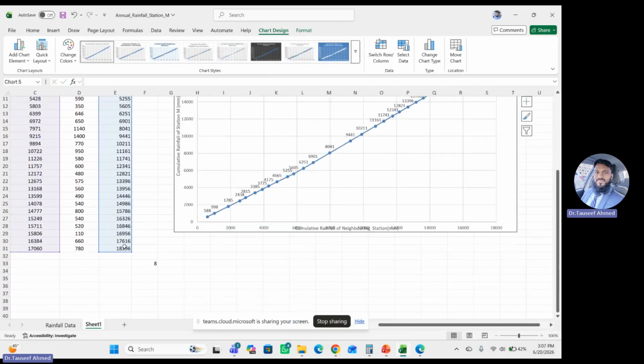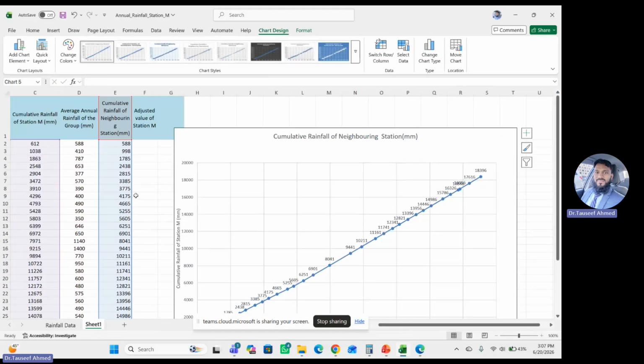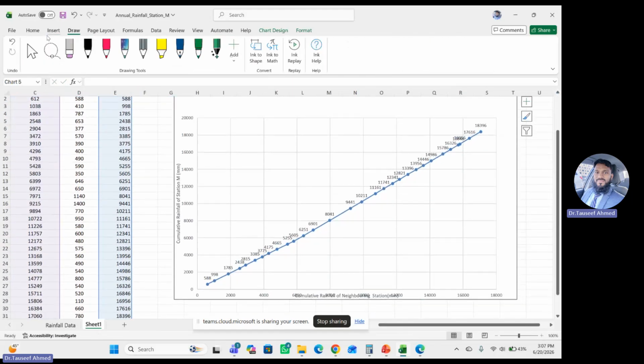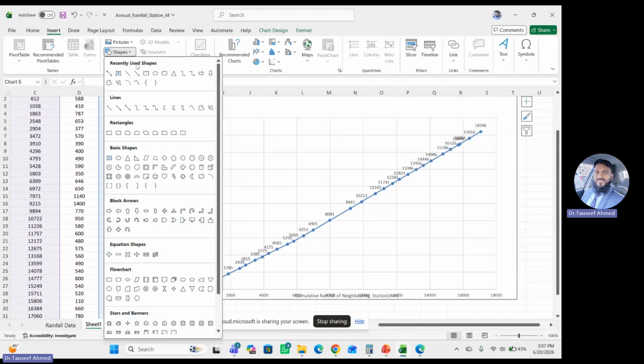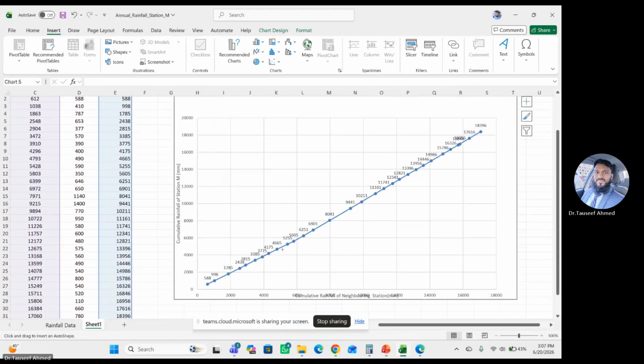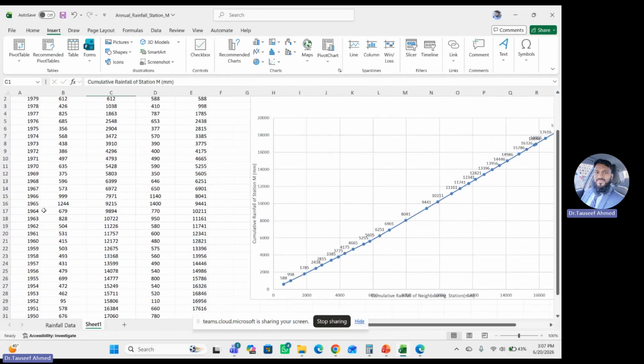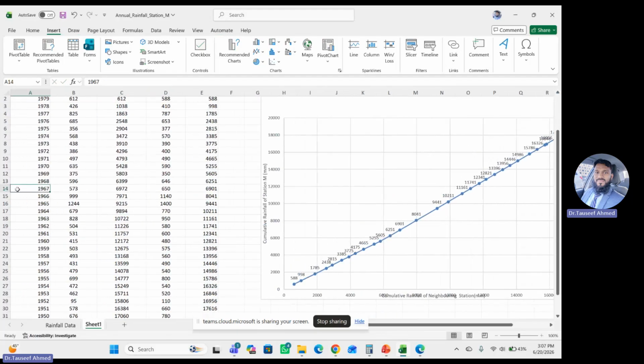Now, if you see this graph, you will find that up to 1967, the value is 6,901.